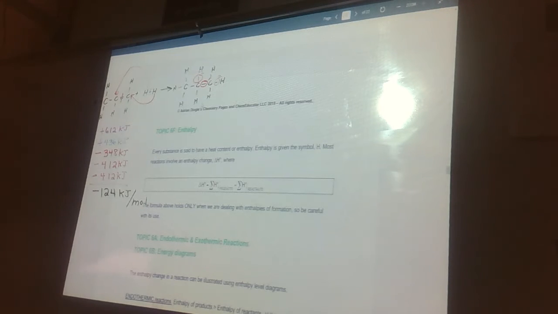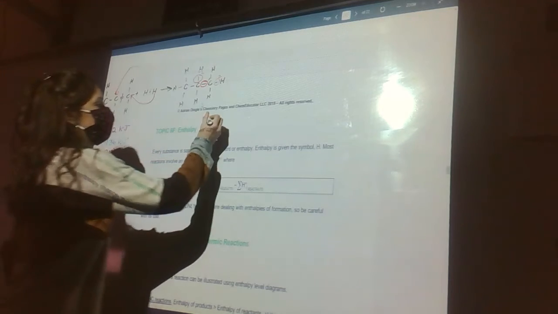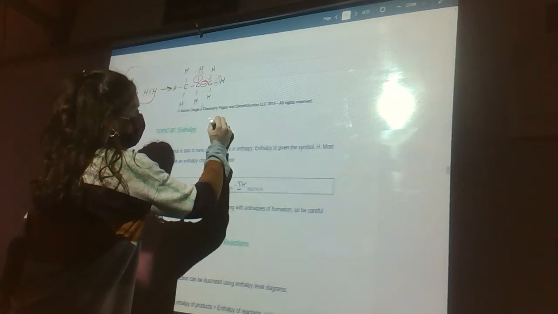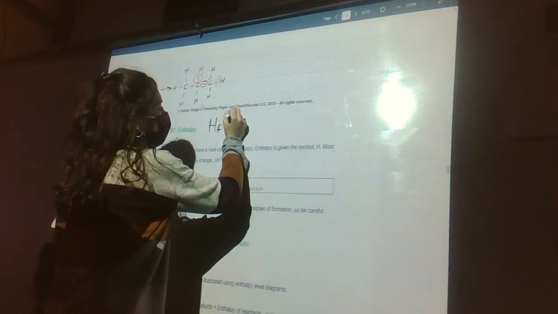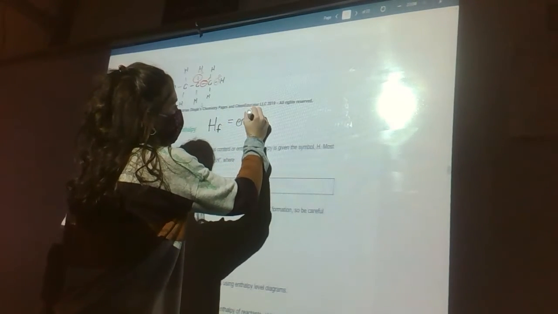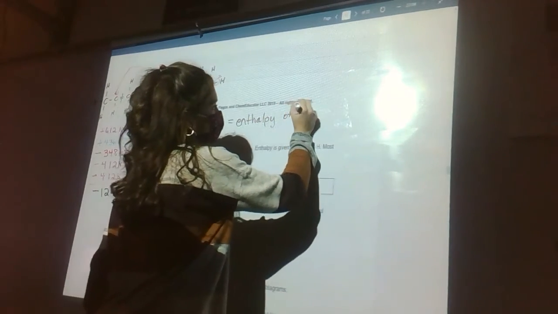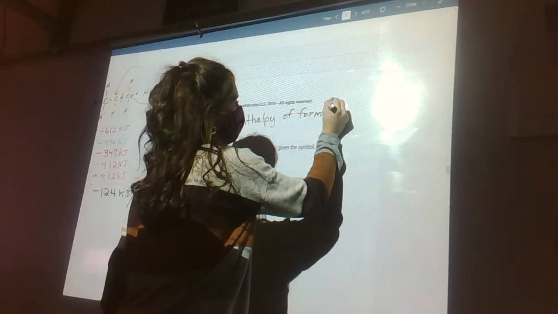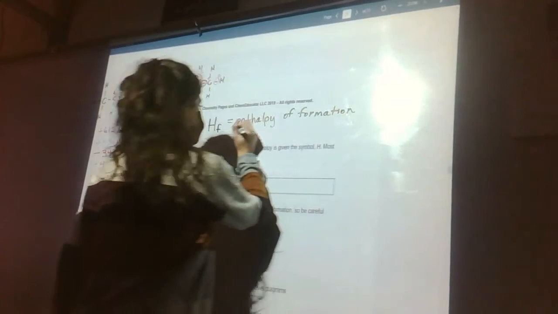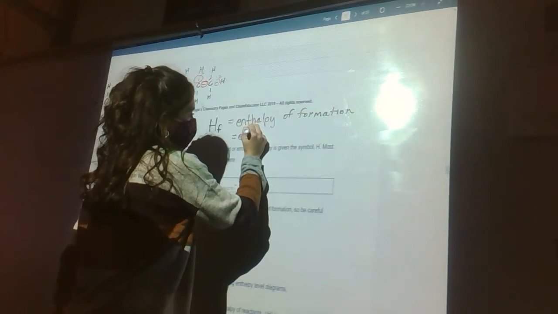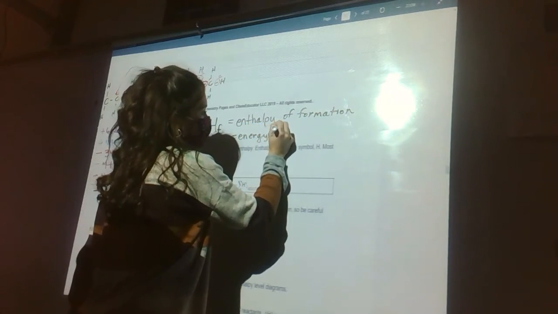So, H of F is enthalpy of formation. And this is the energy released when the thing is formed.